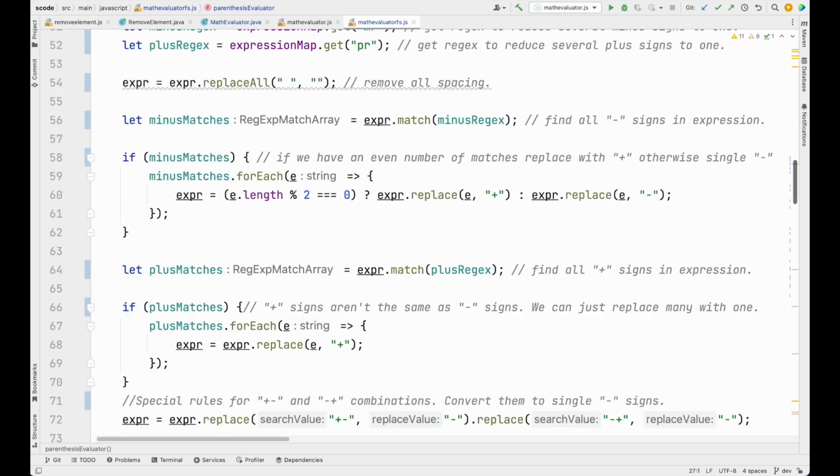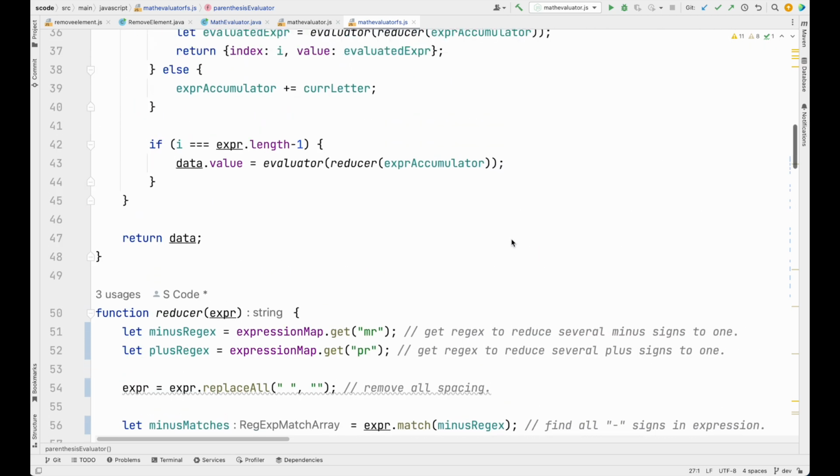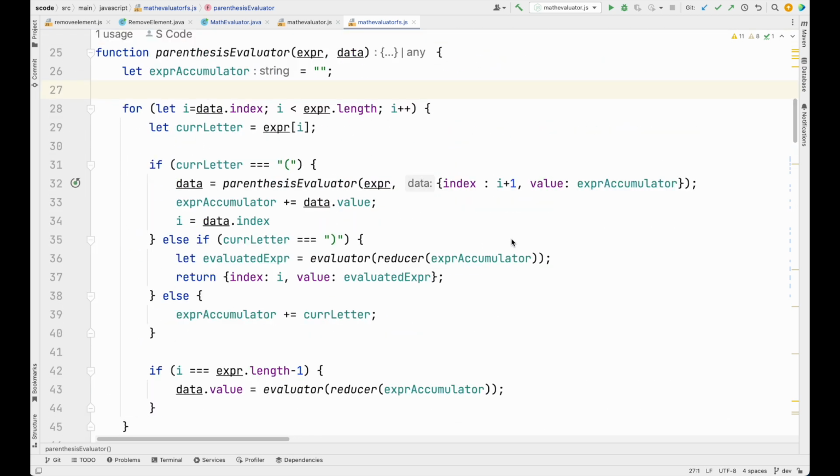Okay, so moving along to our next to final function, which is the parenthesis evaluator. This code can be best explained through an example because it does contain some recursion, and it's very easy to get lost with recursion. So I'm just going to explain what this code is doing from an example.